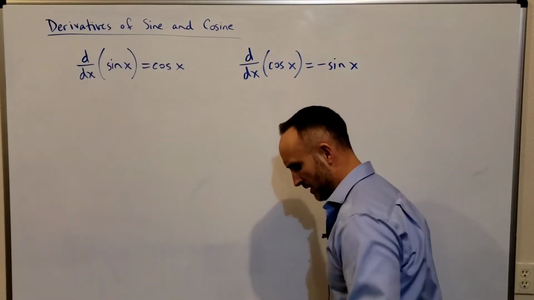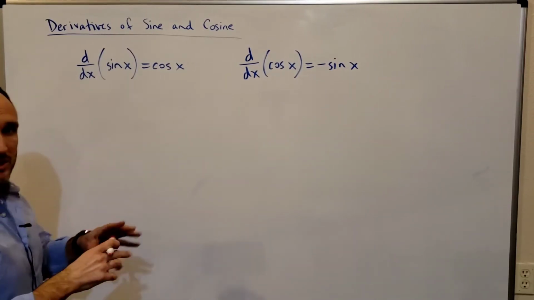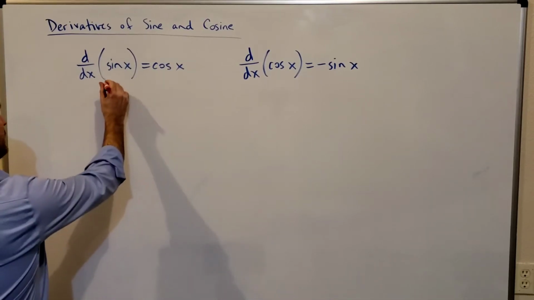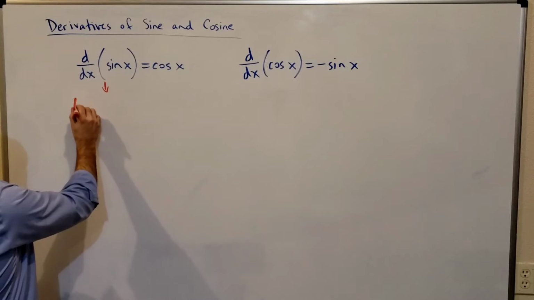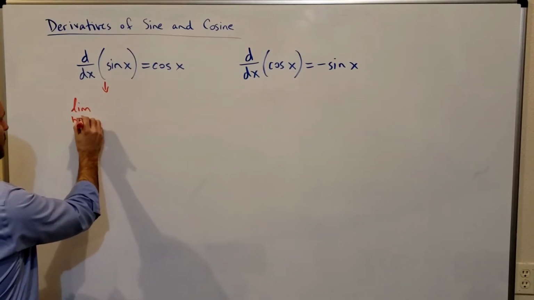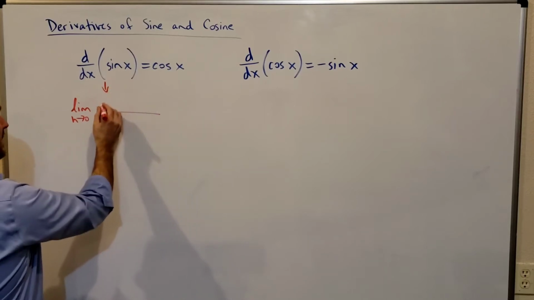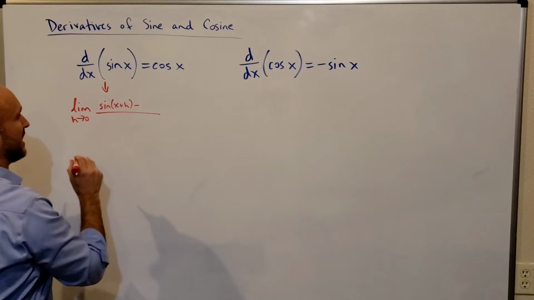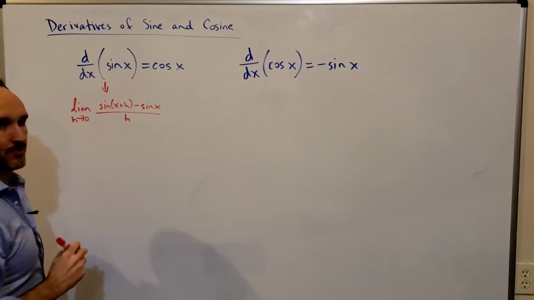So the first thing we'll do is we'll look at the limit definition of derivative as it applies to the sine function. So the derivative of sine of x is the limit as h approaches 0 of f of x plus h, so in this case sine of x plus h, minus f of x, which is sine of x, all over h, okay?